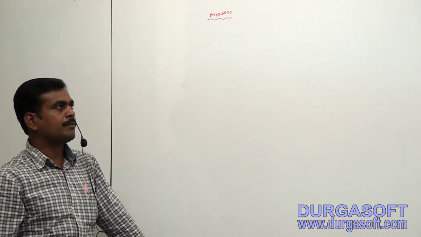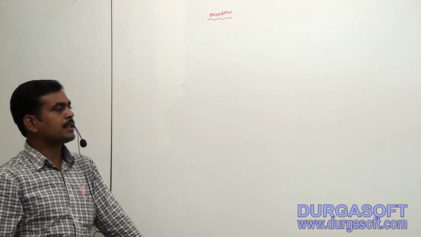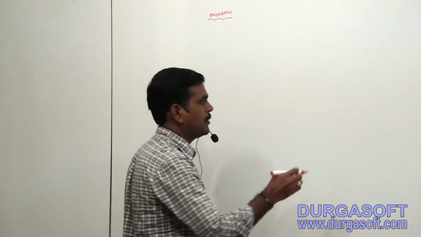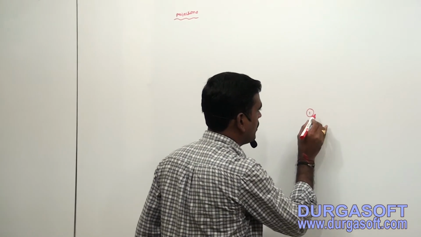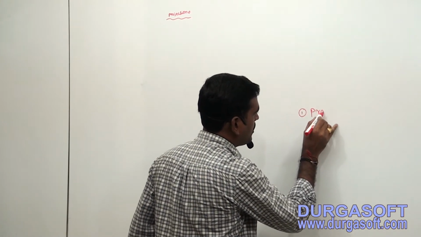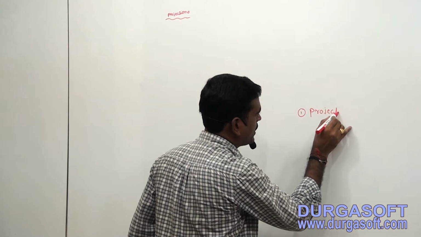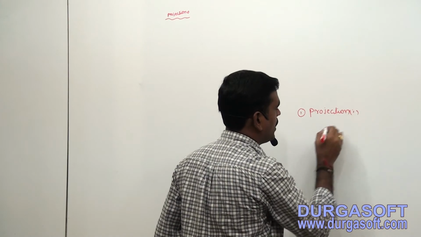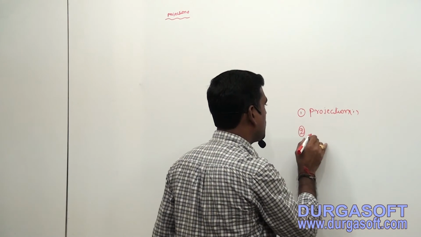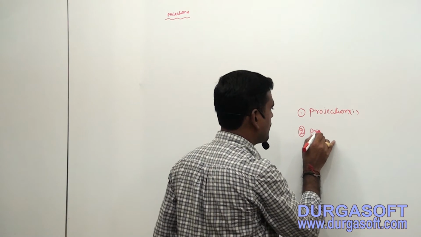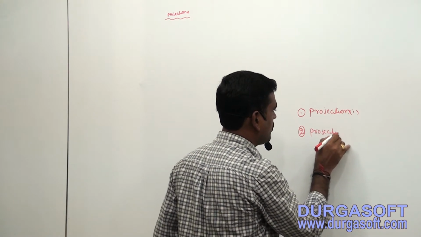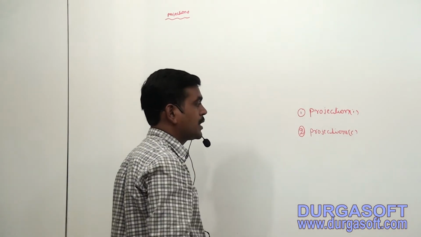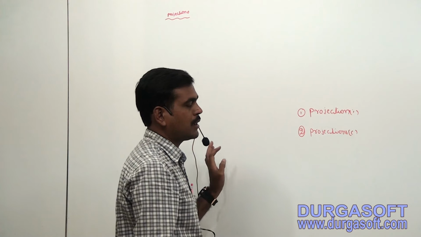If we want to get the partial records, we need to remember two important points. Number one, the Projection interface, and number two, the Projections class. This is an interface, this is the class.